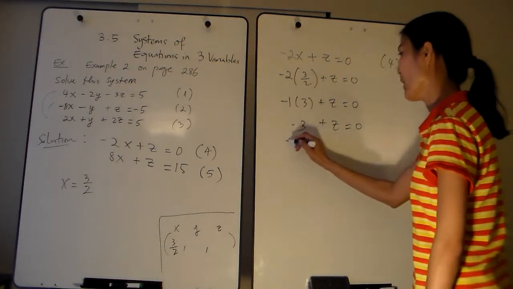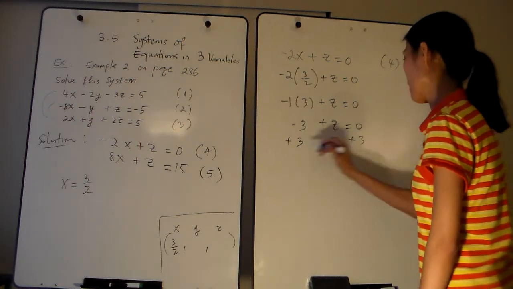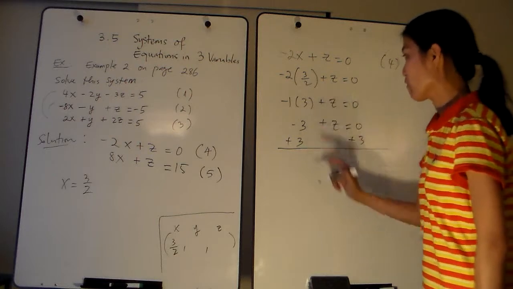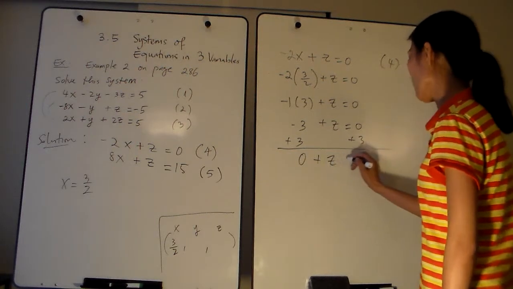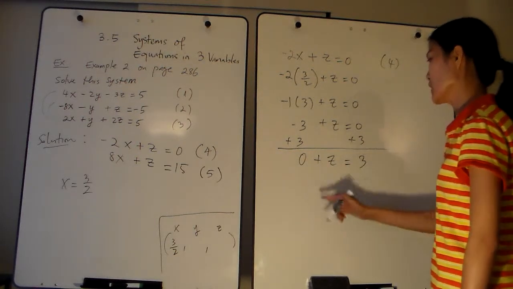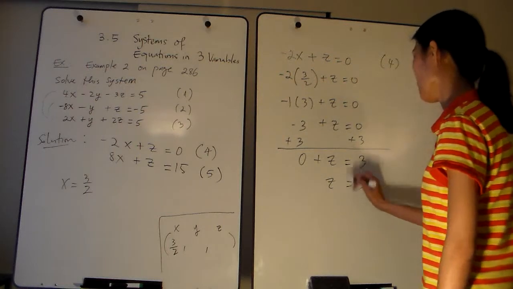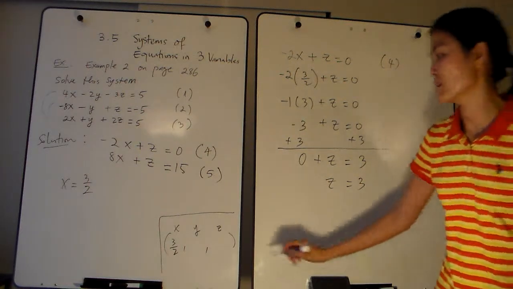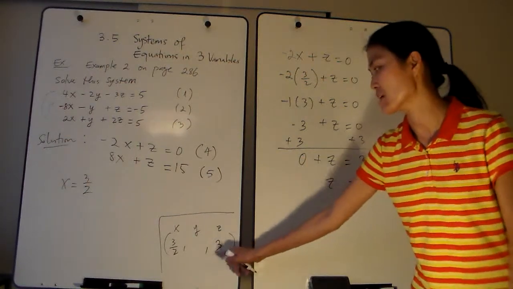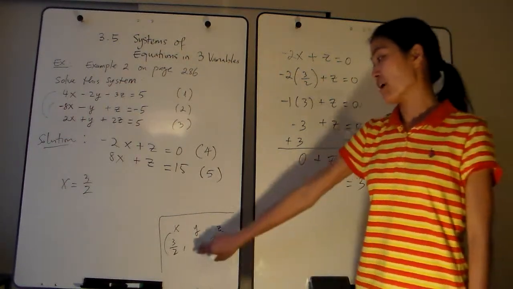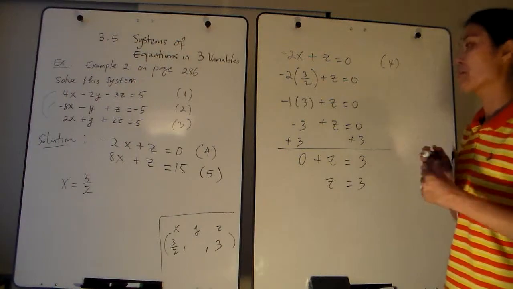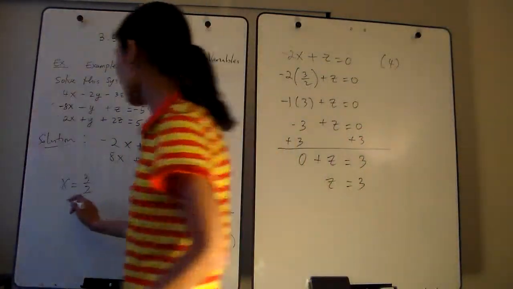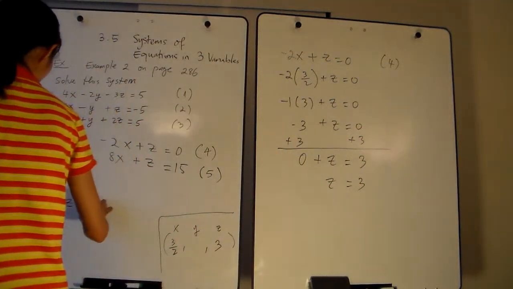To solve for z, we add 3 on both sides. -3 plus 3 is 0 plus z. 0 plus 3 is 3. Simplify, we get z equal to 3. So this is the second variable we just obtained, which is 3. Let me copy here, z equal to 3.